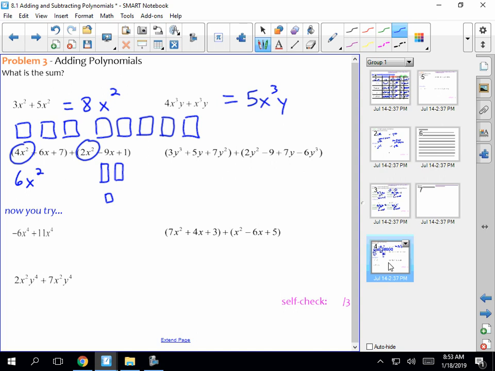So if I were to draw 6 x's, they would look like this. There's 3, 4, 5, 6 x's. And then I would draw another 9 x's, but they would maybe be in a different color because they're negative. And then they would cancel each other out, and you'd end up with a certain number of different colored x's.